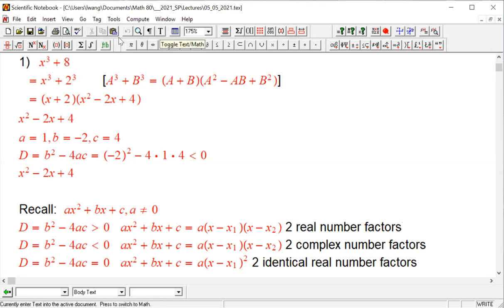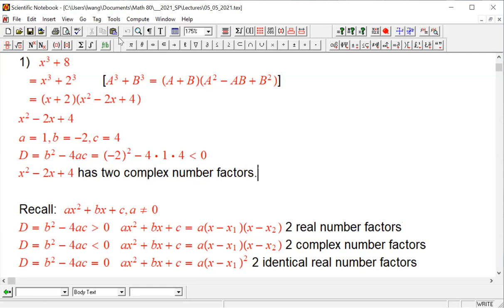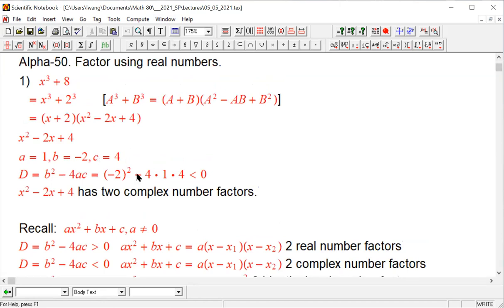Okay? Is factored. Has 2 complex number factors. But we do not want complex number factors. We only want real numbers, right?